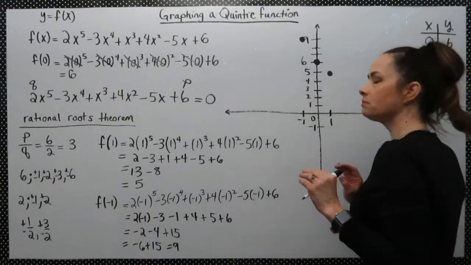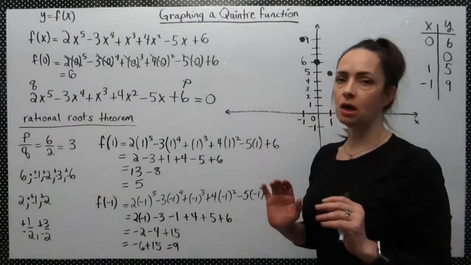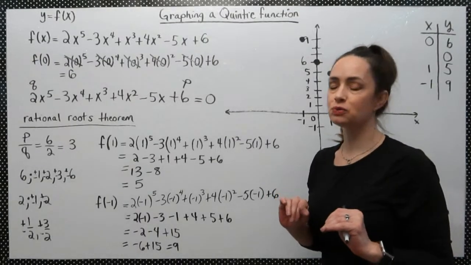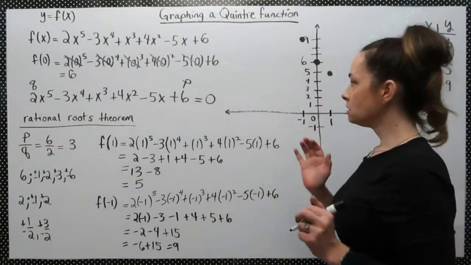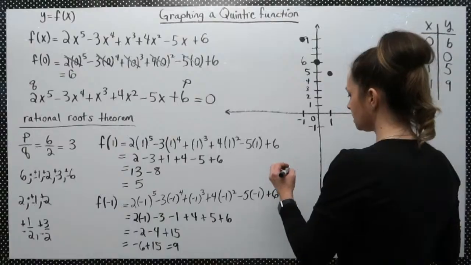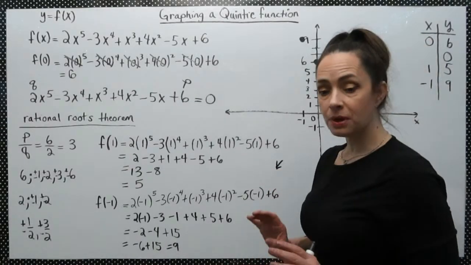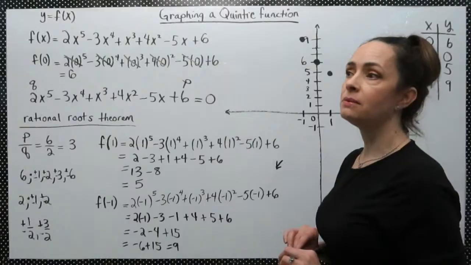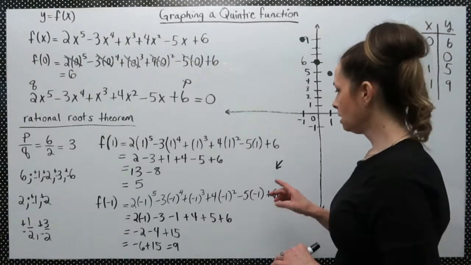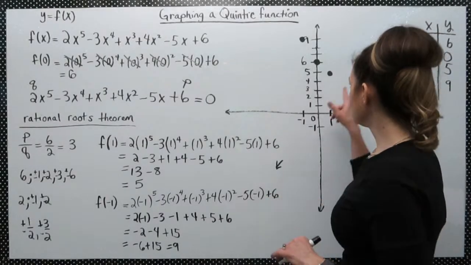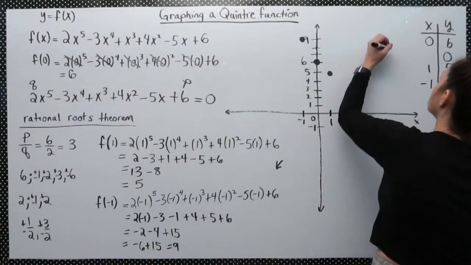And if it's odd, it's going to have symmetry with respect to the origin. So odd functions have an end behavior if they're not having any kind of transformation in the graph, and the graph isn't shifted in any way. It'll be coming from the 3rd through the 1st quadrant.